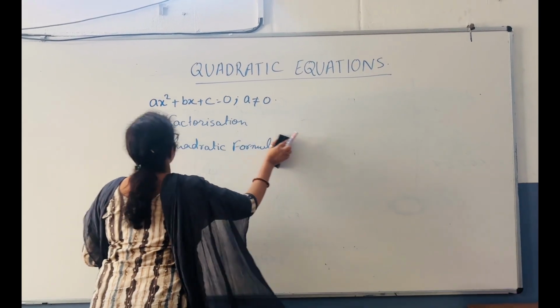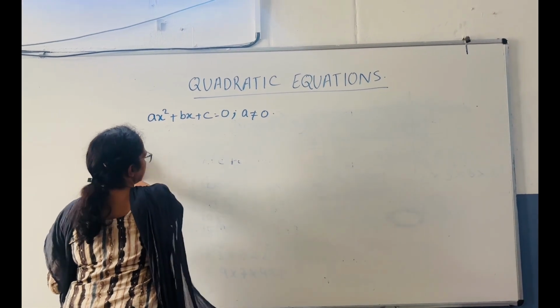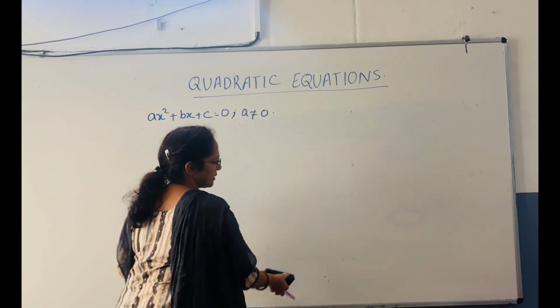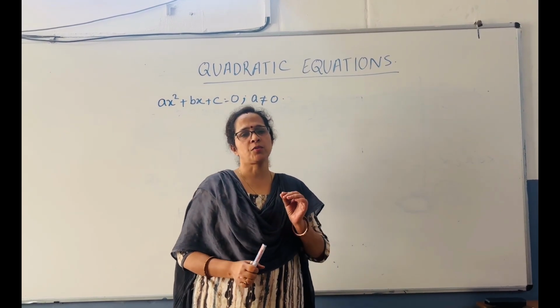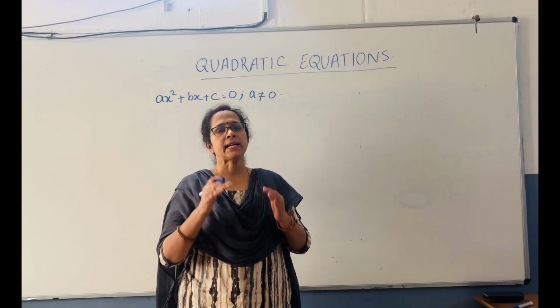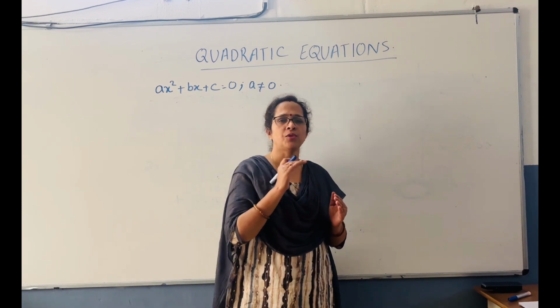The first question which I am taking is, you have to show whether the given number is a root of the equation or not. That means it is a solution of the equation or not.